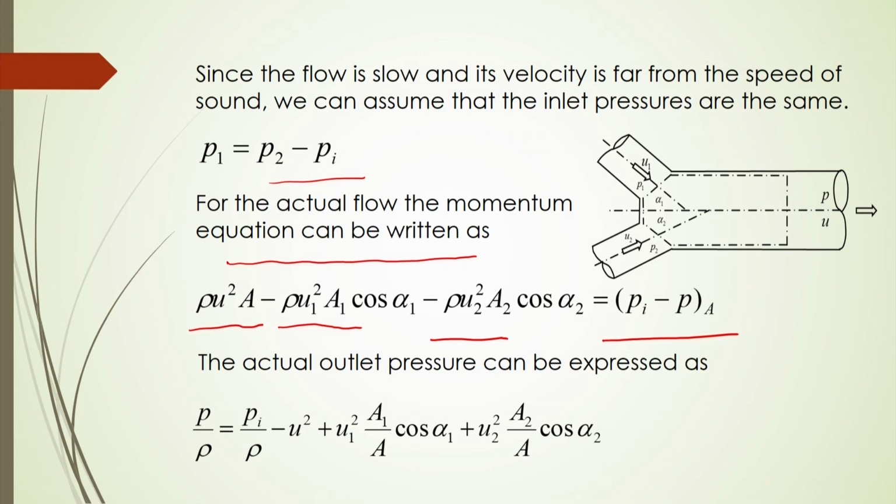and that will be equal to P_id minus P, into A. This is the cross sectional area A here.